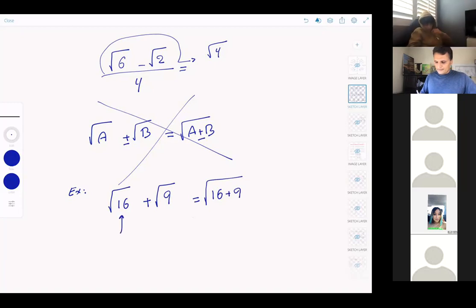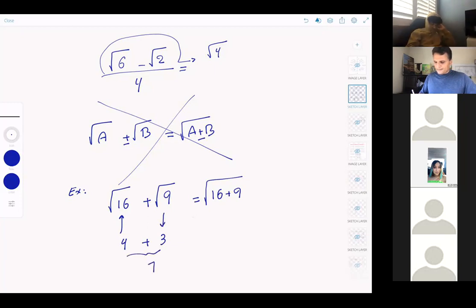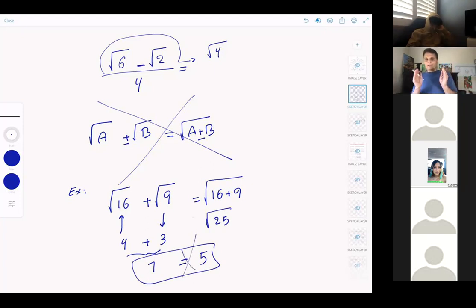Radical 16 is 4, radical 9 is 3, correct? 4 plus 3 is 7. The other side is 25, which is 5. So definitely 5 is not equal to 7. So we are not allowed to simplify inside of the radical.